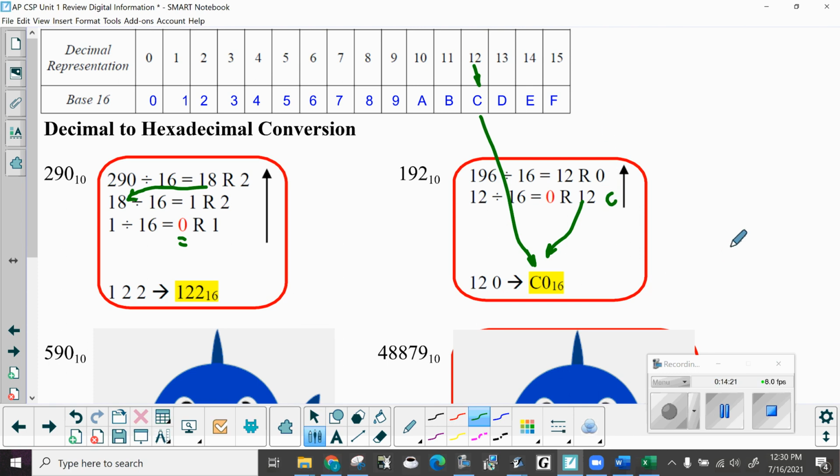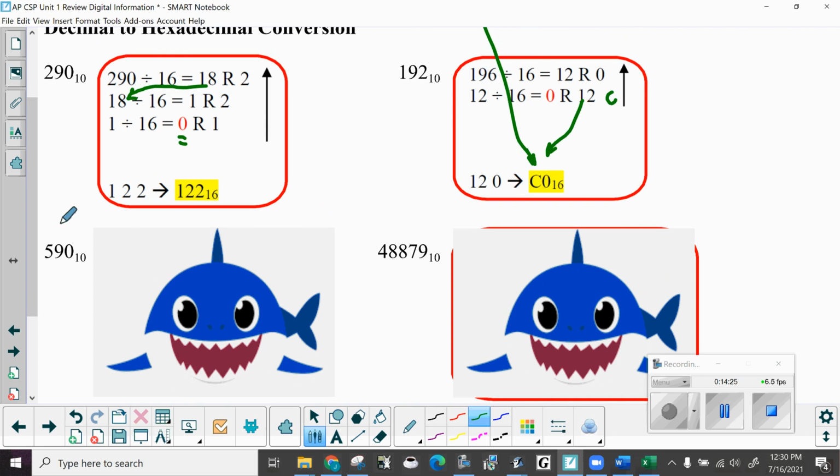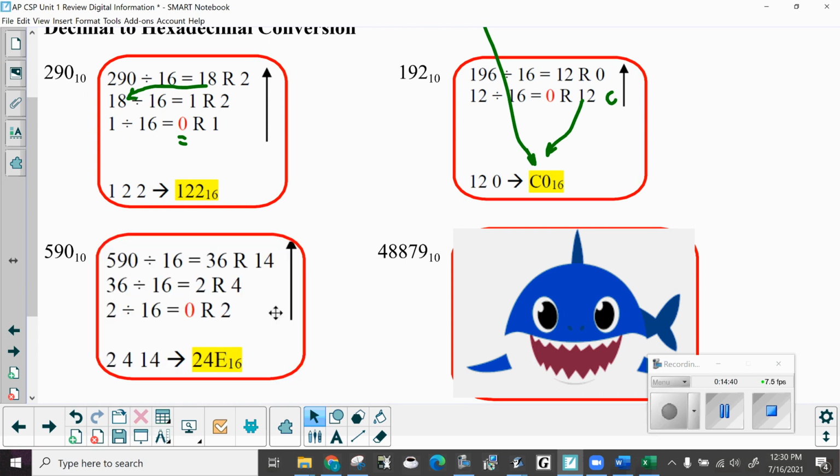Now, go ahead and pause the video and try doing 590 base 10 to hexadecimal and 48,879 to hexadecimal. And are you back? Let's take a look. Did you get 24E base 16?